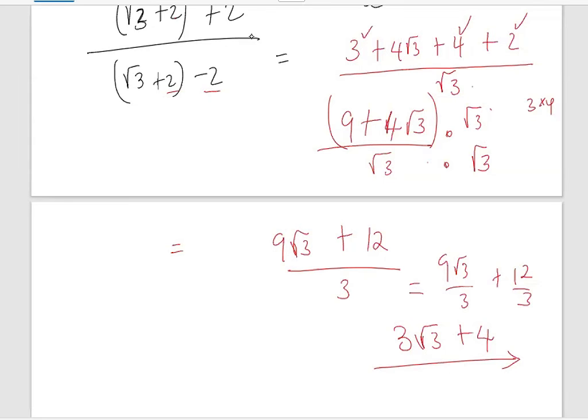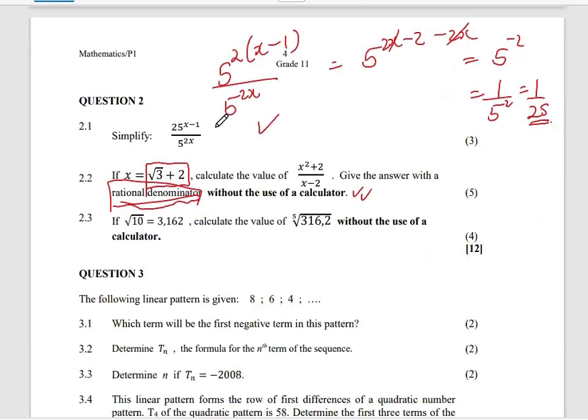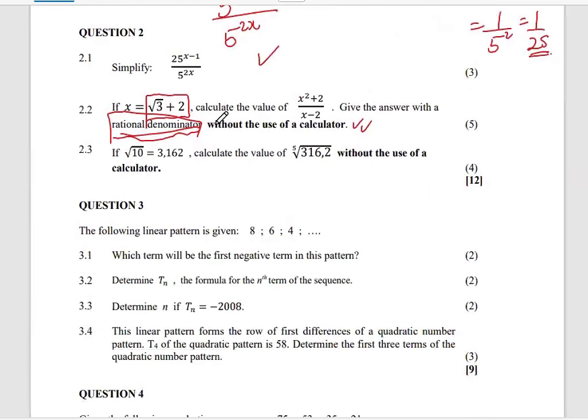Okay. Having looked at that, we need to move on. 2.3, if the square root of 10 is given as 3,162, they want us to calculate the value of the 5th root of 316,2 without using any form of a calculator.